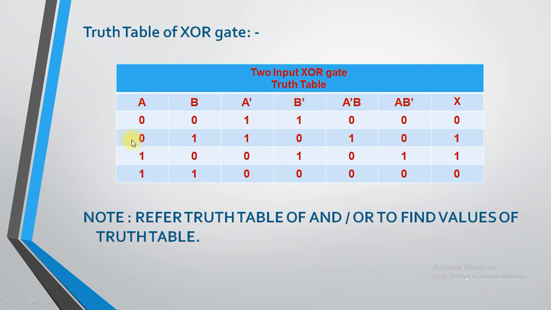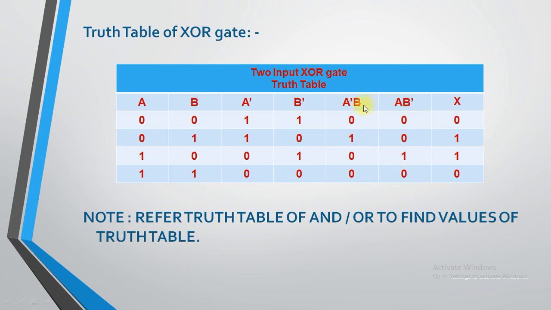What is the first combination? 0 and 1. So 0 and 1 in the AND gate will return 0. Similarly, 0, 0 will return 0, 1, 1 will return 1, and 1, 0 will return 0.